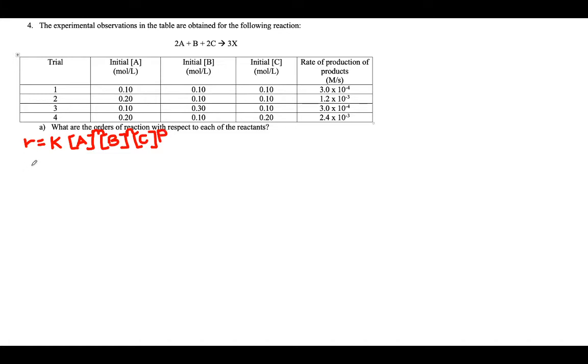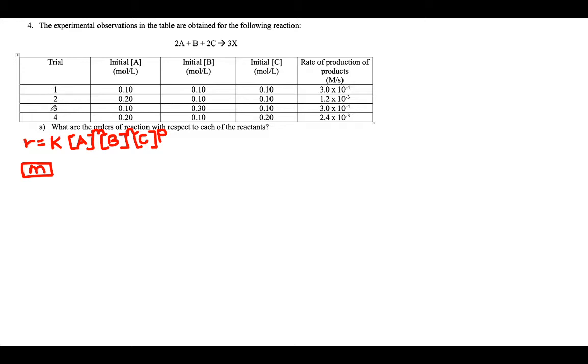So let's find out the value of M. Now, when I'm looking for M, I have to choose 2 of the trials that I'm given. And there's a set of criteria that I have to meet when I'm choosing these 2 trials.